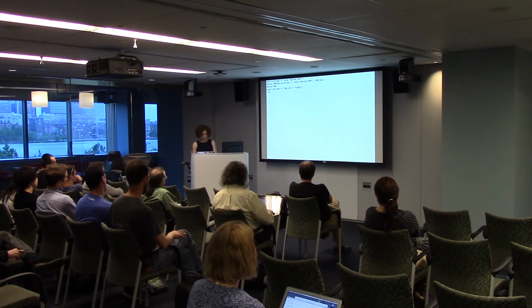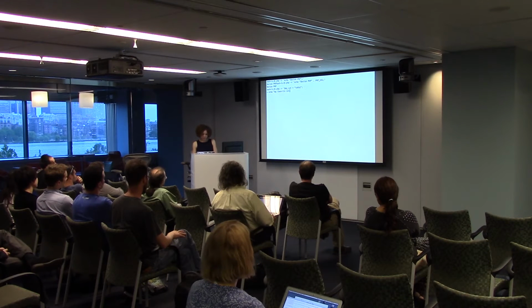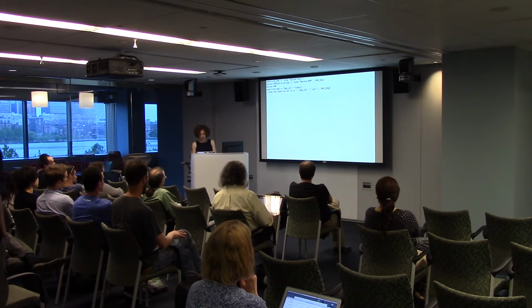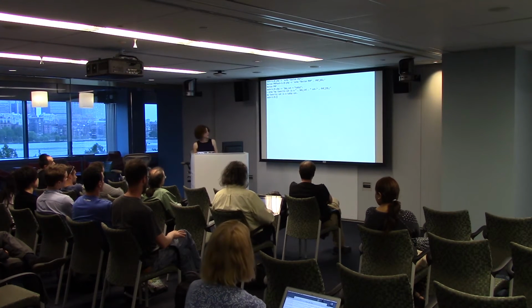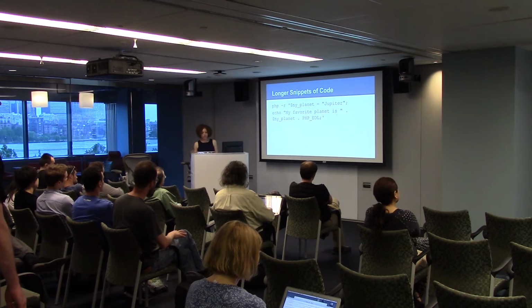So I'll put in the next line, echo my favorite cat is a, and then I put in a semicolon and a closing quote, and there, it's running. So that was two lines of code, and it ran just fine.